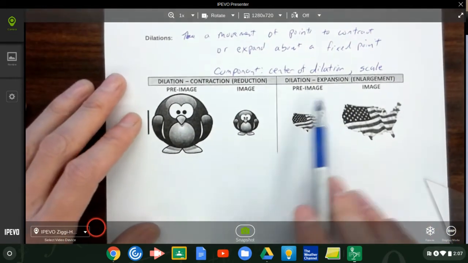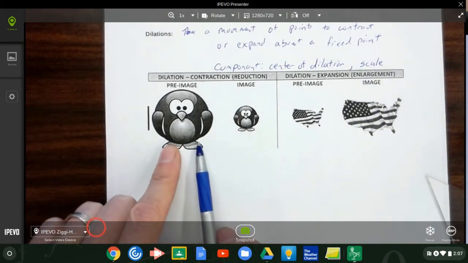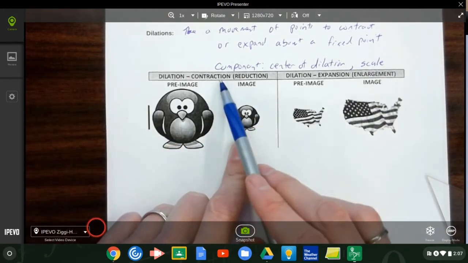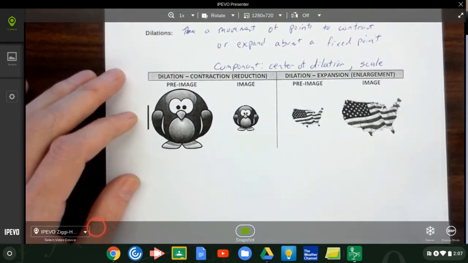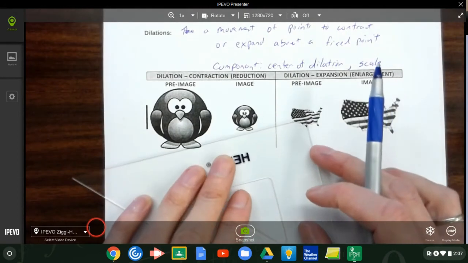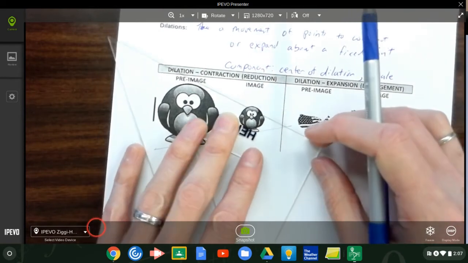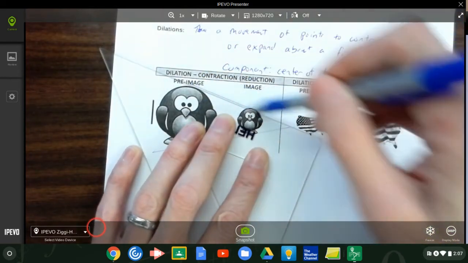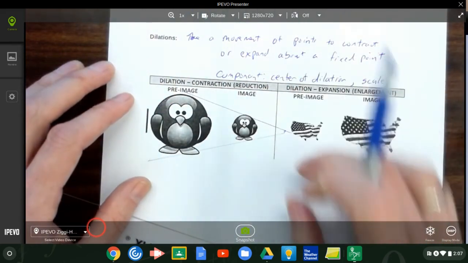We'll talk about that in more detail, but it's a little harder for me to do with the patty paper. But we can see our pre-image, and then it gets smaller. So that's a contraction or a reduction, okay? By the way, the point that we're dilating from is probably going to be somewhere over here. So here's the fixed point that we're coming closer to and getting smaller.